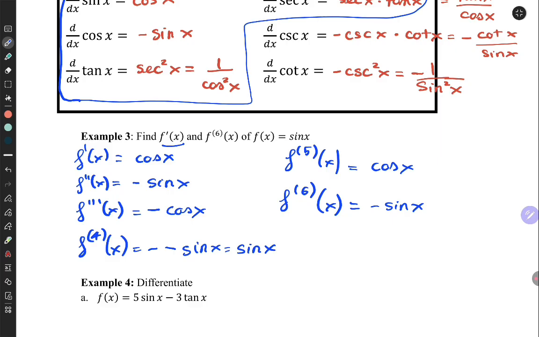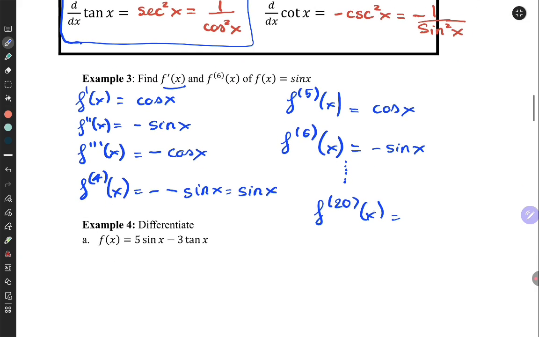So, try if you can get the pattern. If I do that, you're going to do it on the way to 20.